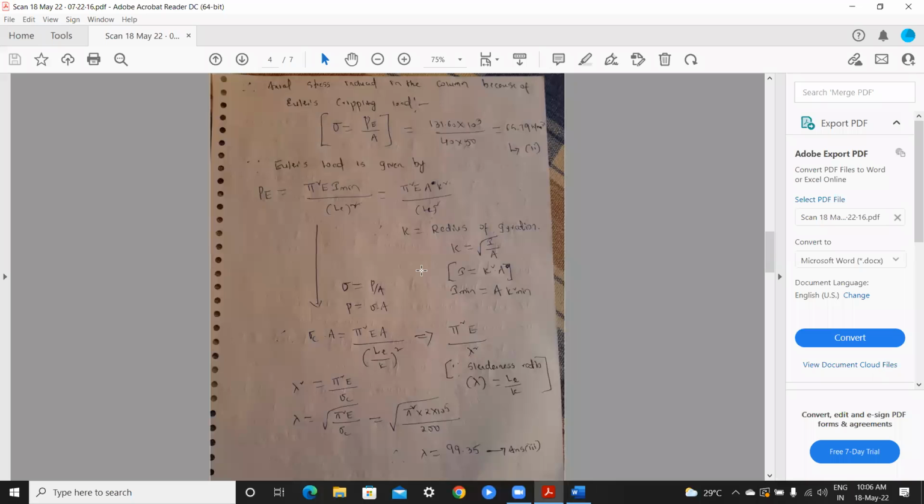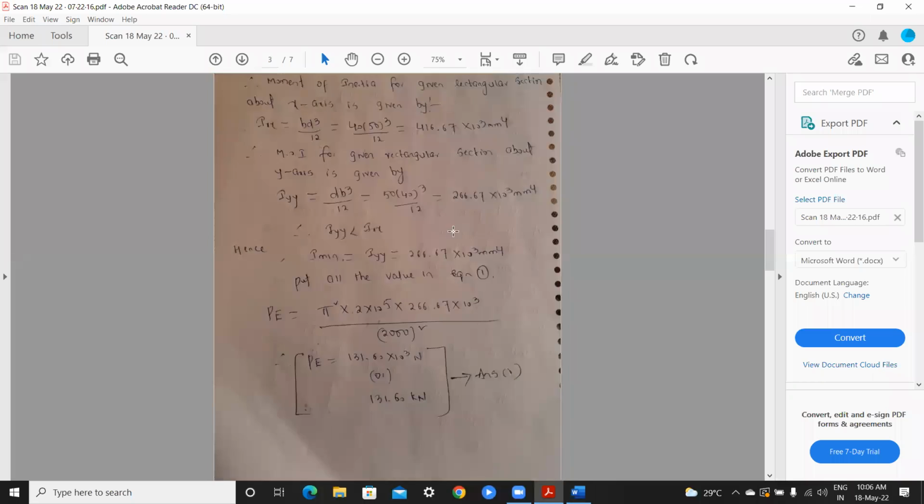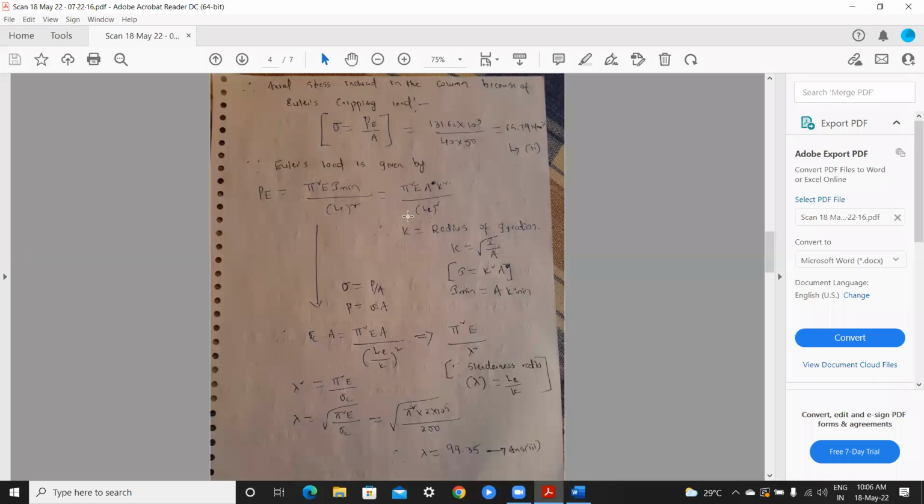Now just see here. How can we convert this formula into slenderness ratio? Here pi square E I minimum by L effective. Can we write I minimum is equal to A K square?